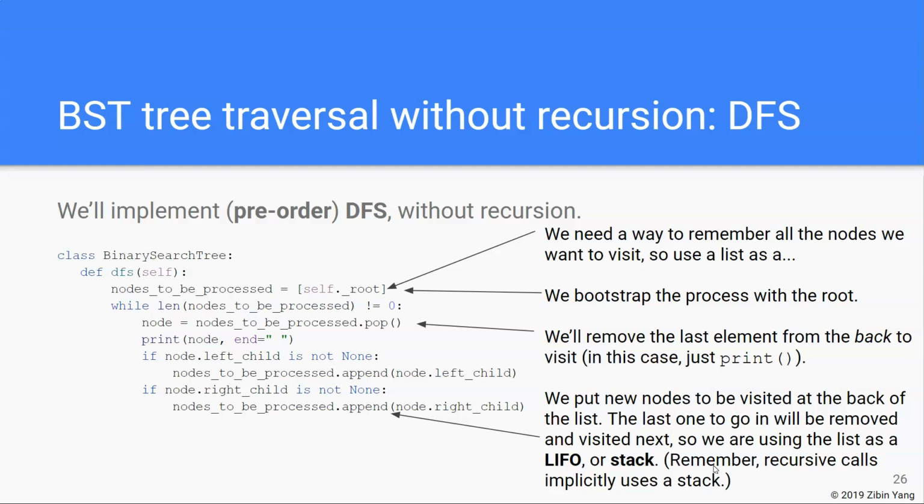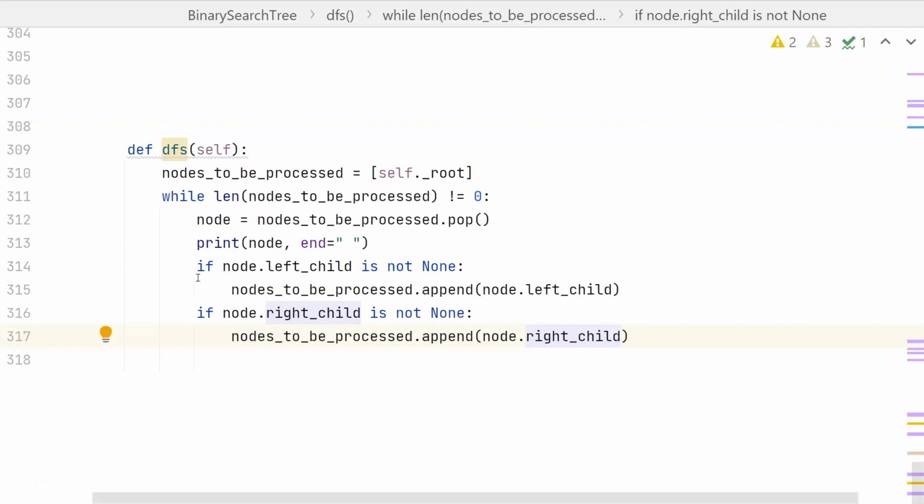And when you think even a little more about this, this makes perfect sense because when this is done recursively, recursion is also implicitly using a stack to keep track of all the nodes that it has to visit.